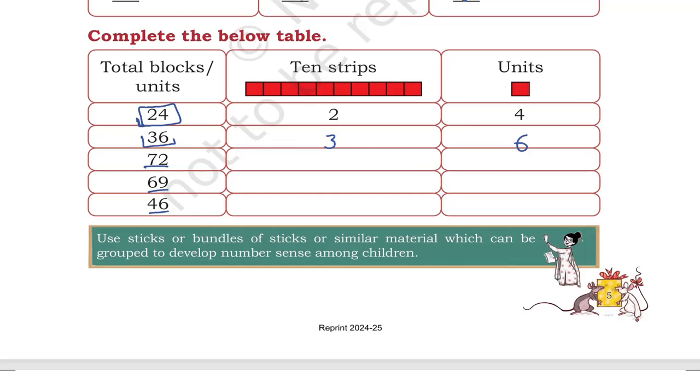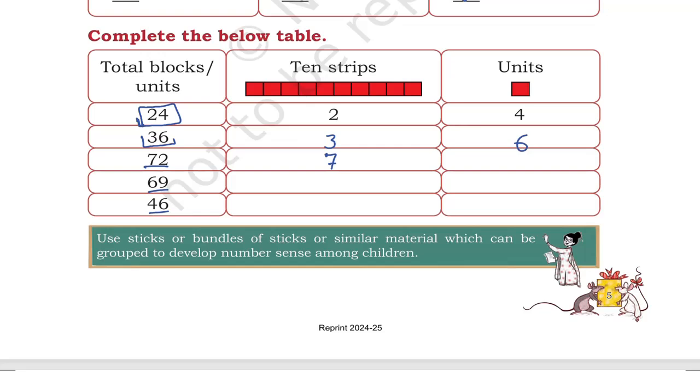Let me give you a few seconds to do this and then I'll do it for you. You can check your answer from mine. Okay. So I'm starting here. In 72, there will be 7 10 strips because one strip has 10 units.